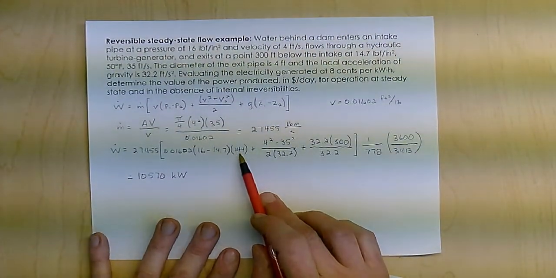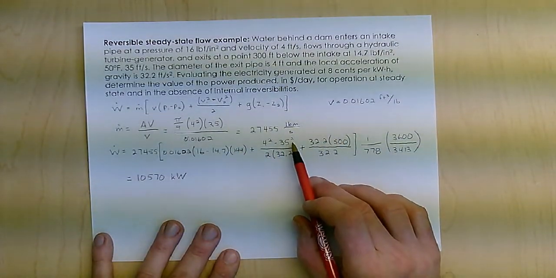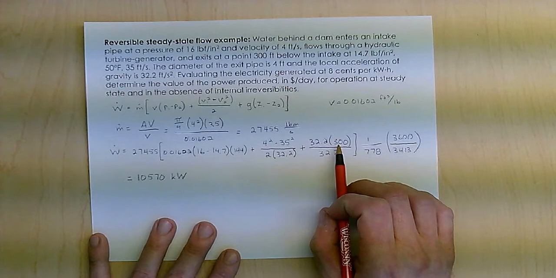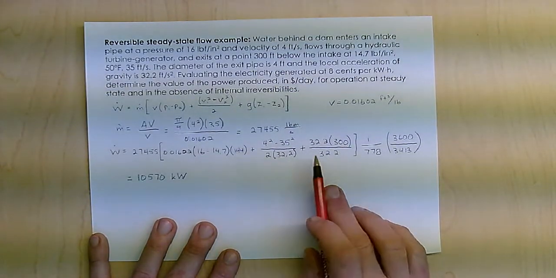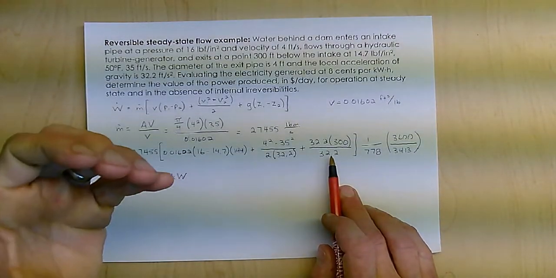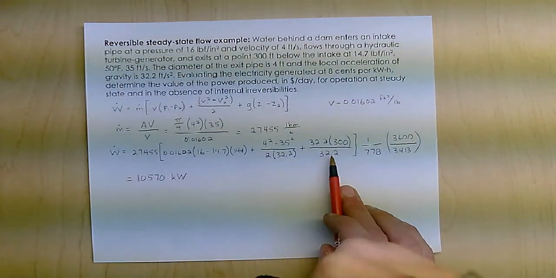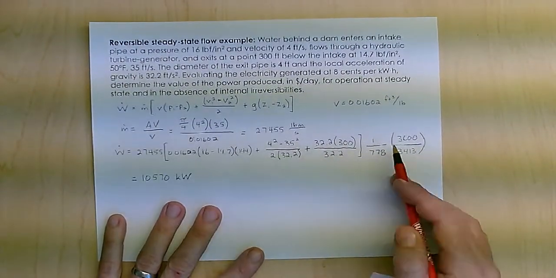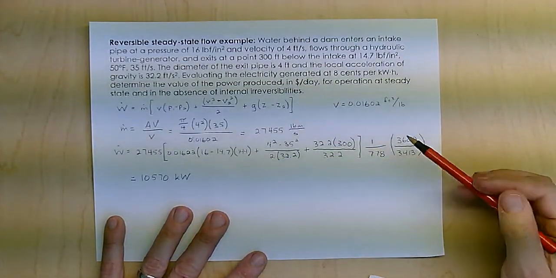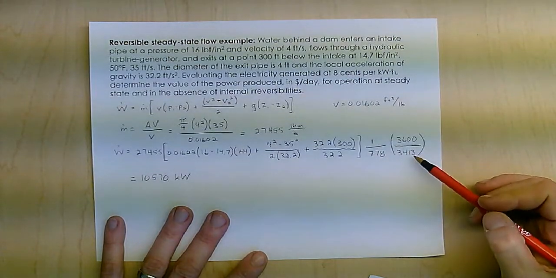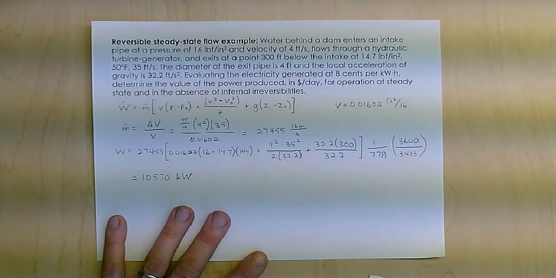Now I know those conversion factors are confusing. This again goes from PSI to pounds per square foot. These are converting from feet squared per second squared to foot-pounds per pound mass. We've done that one before using that relationship between foot-pounds and pound mass. This goes from foot-pounds to BTUs, and this one goes from BTUs per hour to kilowatts to get me into kilowatts.